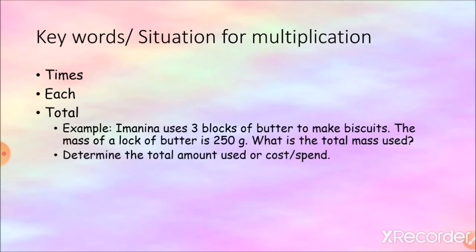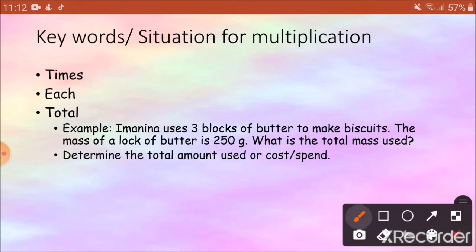Actually there's one keyword, total, which in addition is also used, but sometimes total can be used for multiplication. We can look at the example where Imanina uses 3 blocks of butter to make biscuits. They're giving the amount, 3 blocks. The mass of a block of butter is the each. Each block of butter is 250 gram.